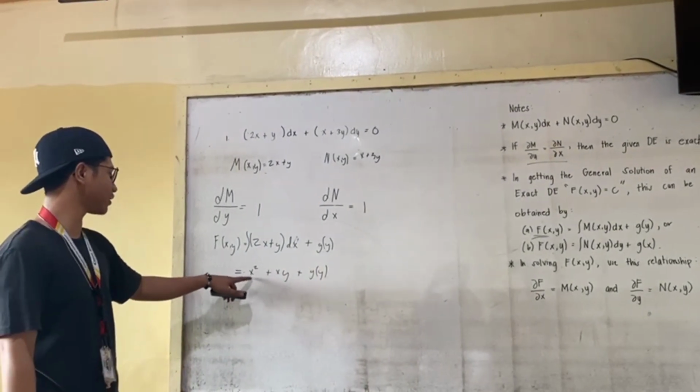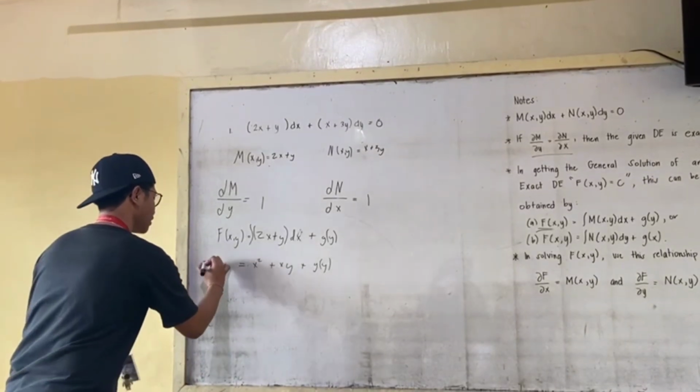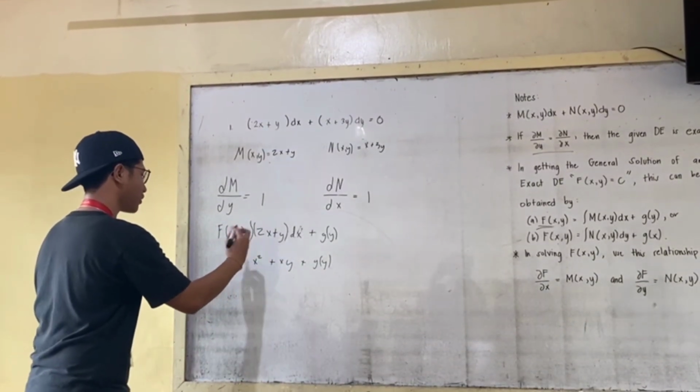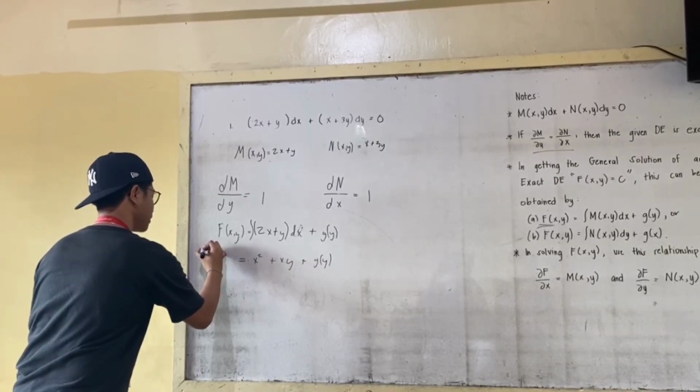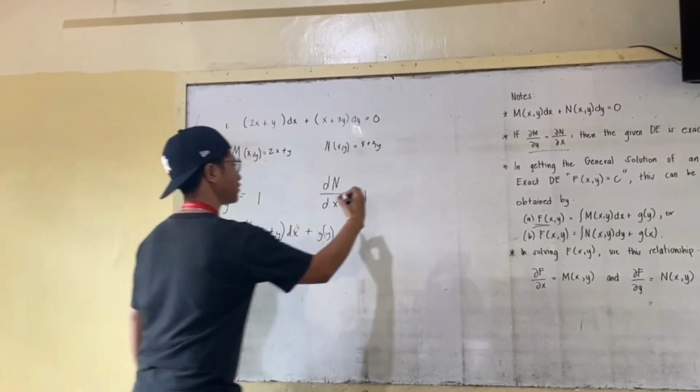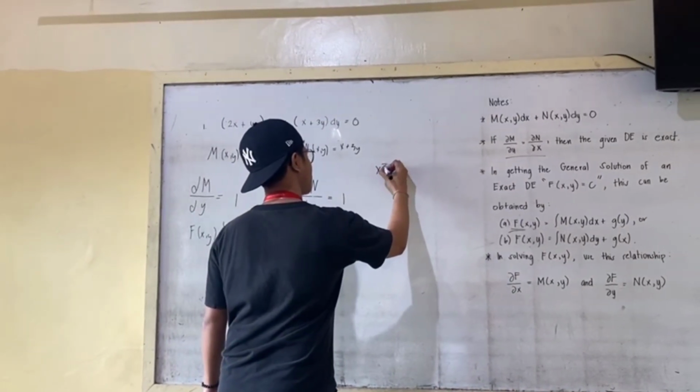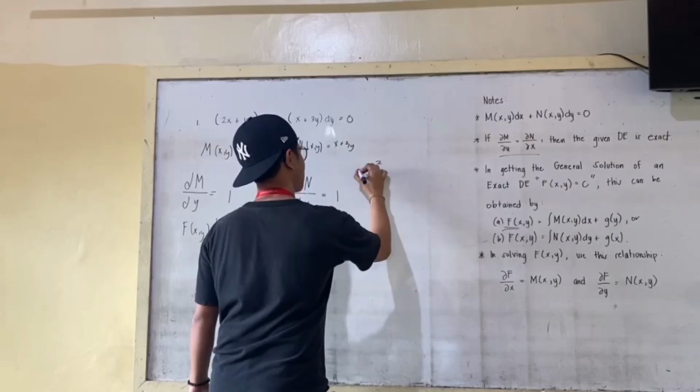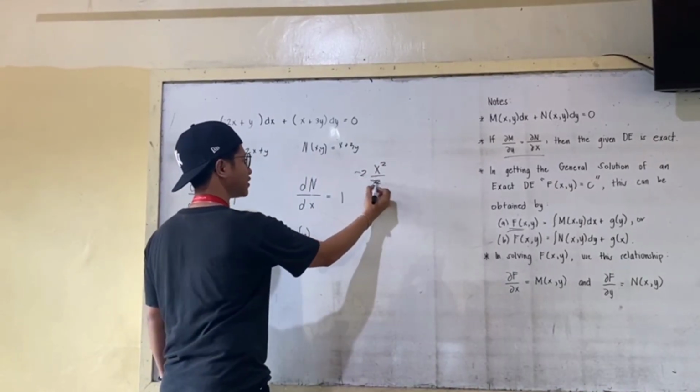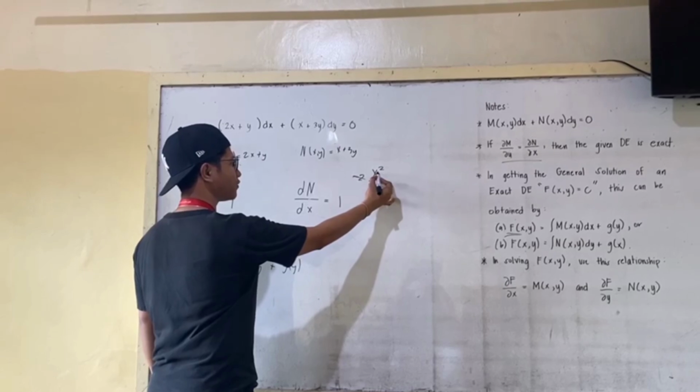Why is it x squared? Because we will use the power formula. This is how you solve it. Cancel this and cancel this so that the remaining one is x squared.